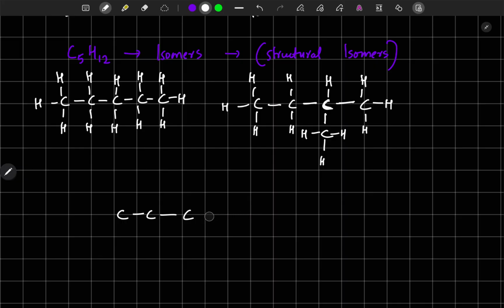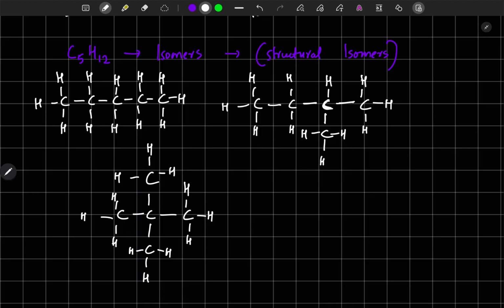I will take this 2 carbon and attach it here like this. Then I will get an entirely different compound. If I fill the hydrogens, it will be exactly 12 hydrogens. The center carbon doesn't require any hydrogen because it is already fully bonded.